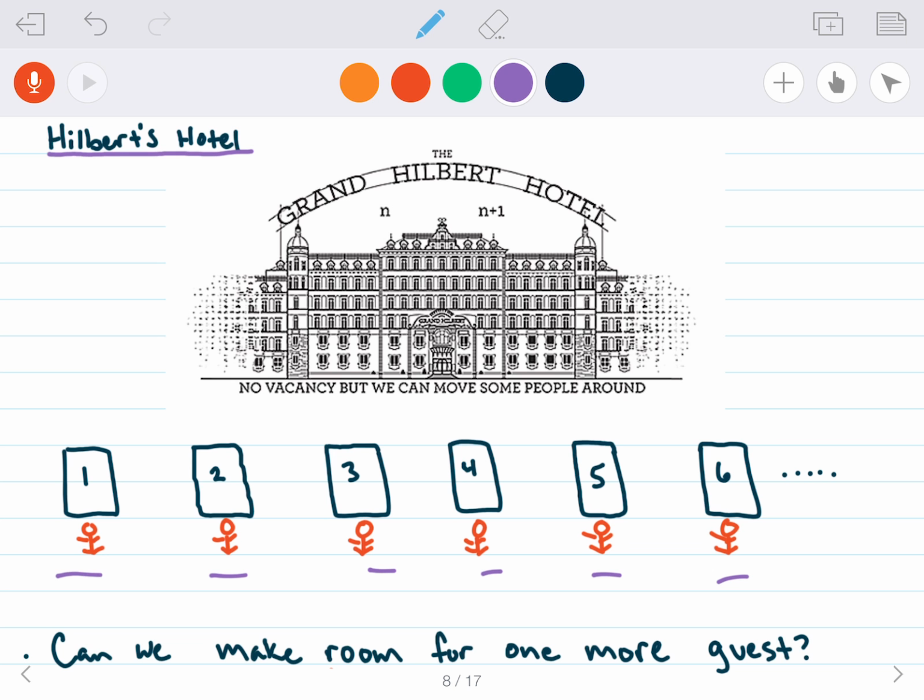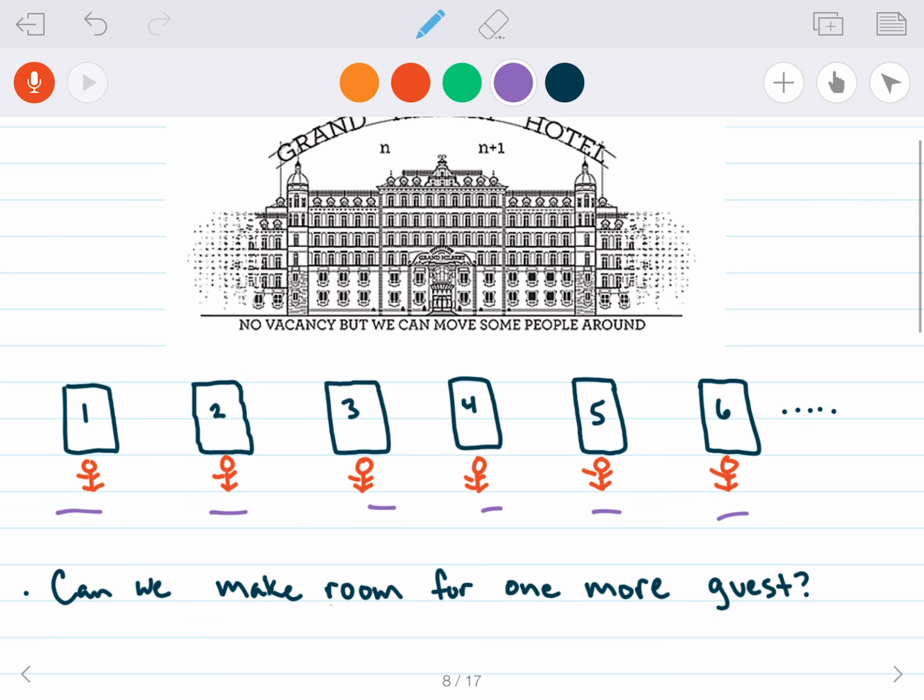And this infinite hotel goes on forever, so it's in bijection with the natural numbers. You have room 1, 2, 3, 4, 5, 6, and 7, and it goes on and on and on. And there's no vacancies. So the first question you want to ask is, do we have room for one more guest? And the answer is, well, yeah, we do. We can just shift everyone in room N to room N plus 1.